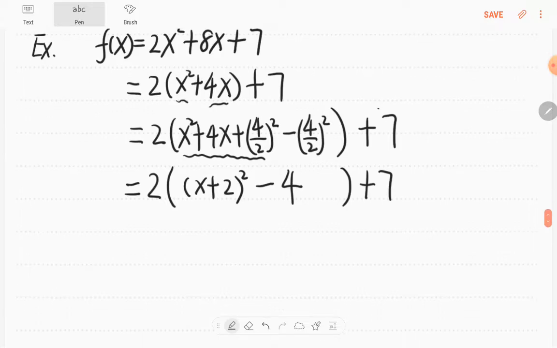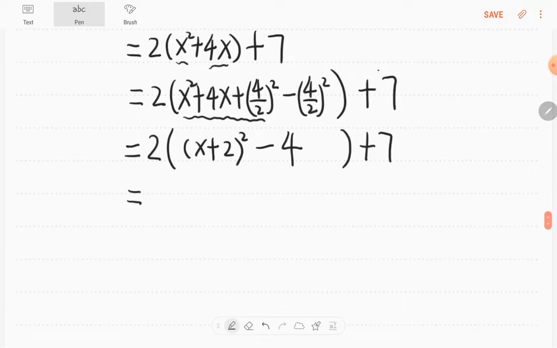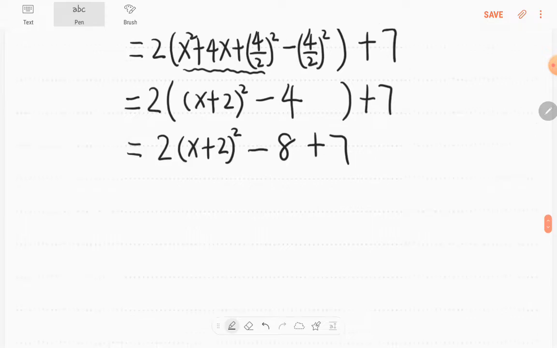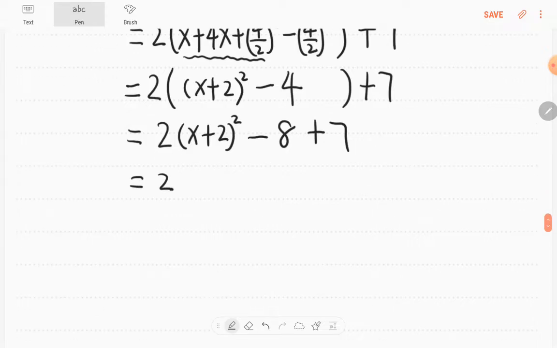Now let us simplify a little bit. This is 2 times (x plus 2) squared minus 8 plus 7. We distribute the 2, so this is equal to 2(x plus 2) squared minus 1.